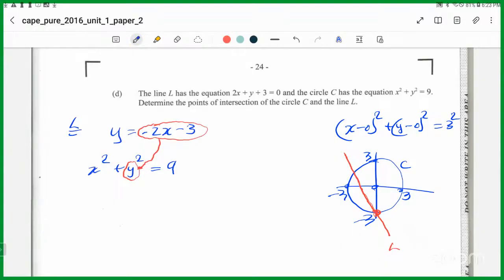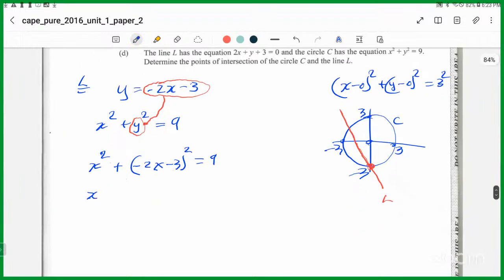So we're going to get x squared plus y squared, so we're squaring this y. I'll put it in brackets first: minus 2x minus 3, squared, equals 9. Let's expand this now.